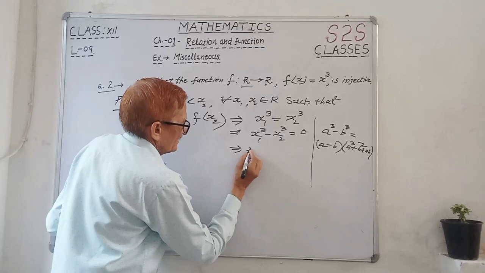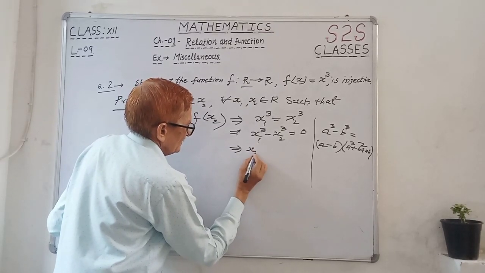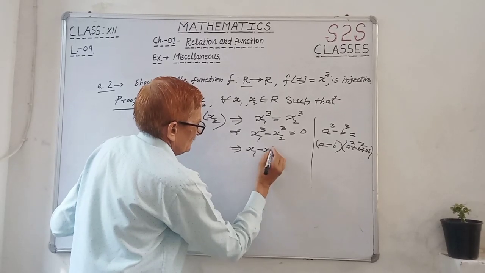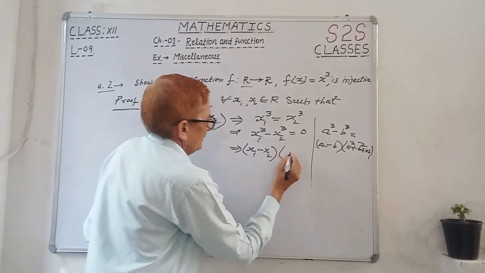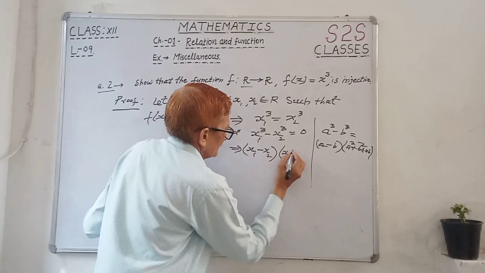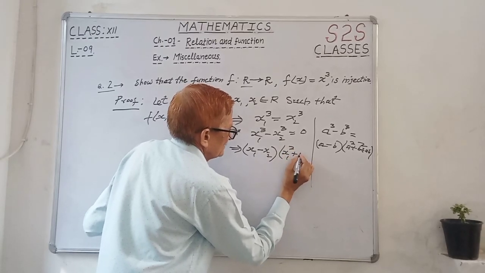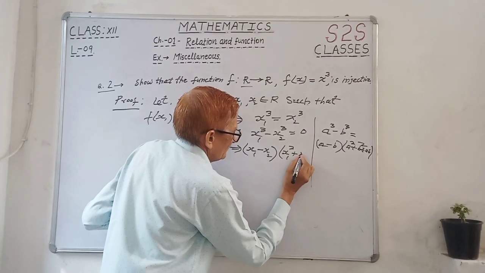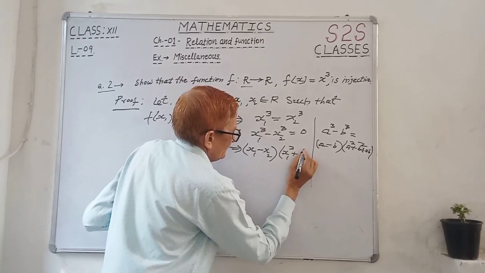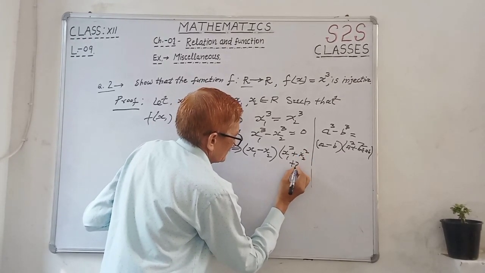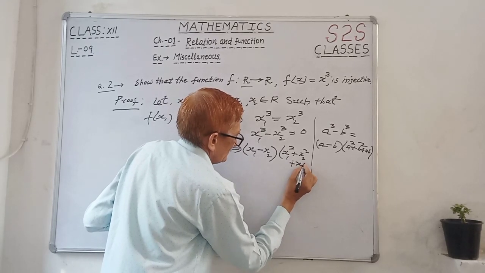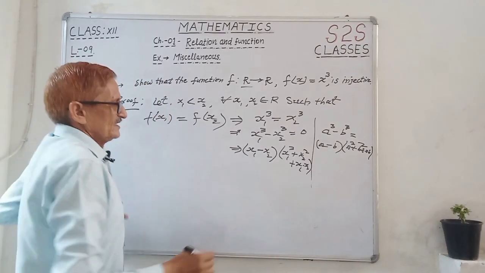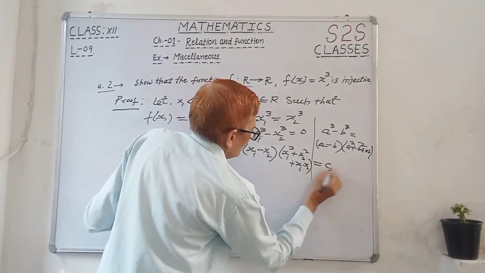Then x1 cube minus x2 cube will be x1 minus x2 one factor, other factor x1 square plus x2 square plus x1 x2, is equal to 0.